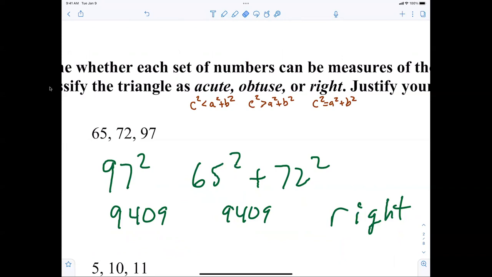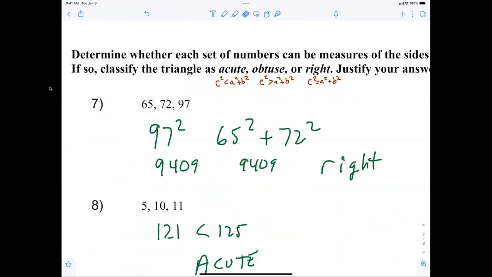All right, so let's look at the first one. 65, 72, and 97. 97 squared is equal to. Does everybody agree with that? Anybody have any issues with why 97 squared?